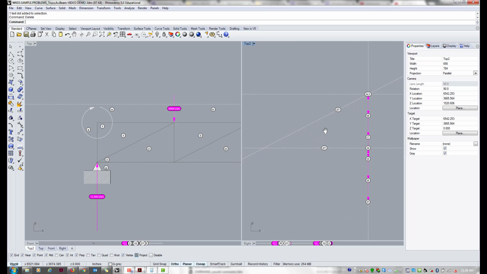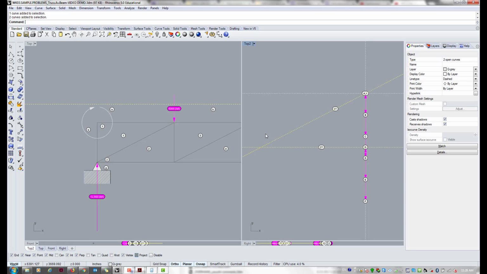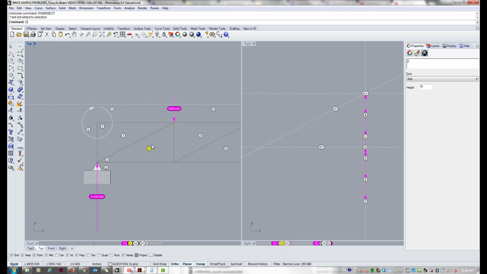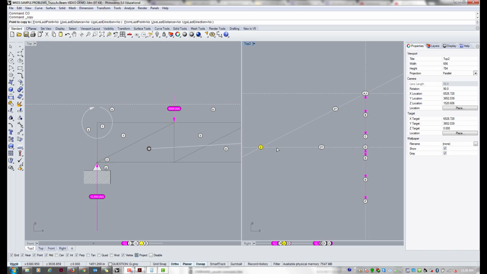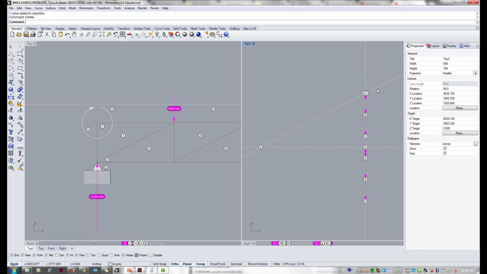So this line is actually now fixed, and point 2 is an intersection between these two, so we get point 2 from here. So we can delete this, we can delete this.